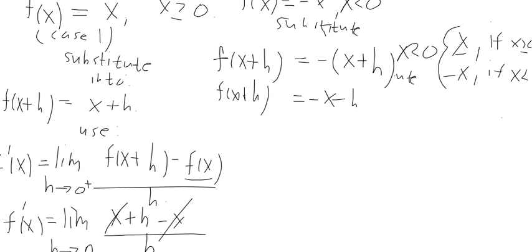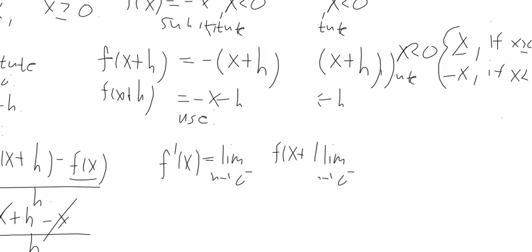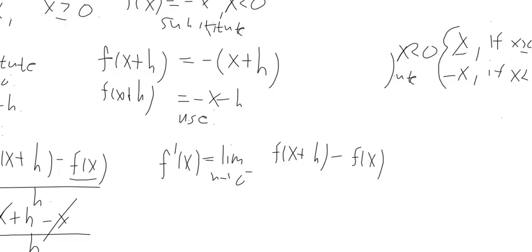Okay, now use the differentiability from the left-hand side, right? So we're going to use f prime of x equals the limit as h goes to 0 from the left-hand side of f of x plus h minus f of x, all over h.